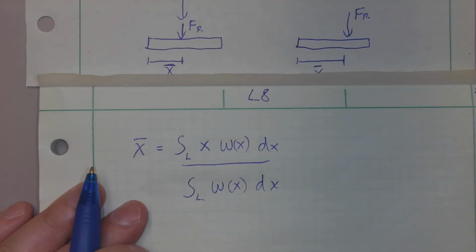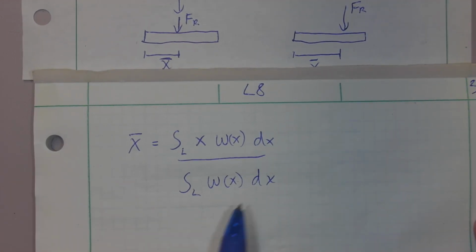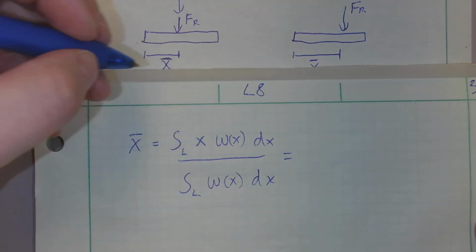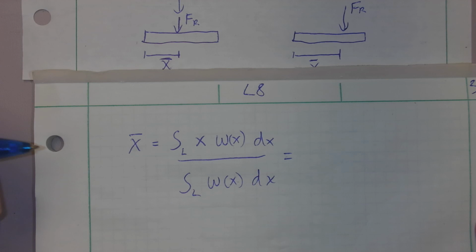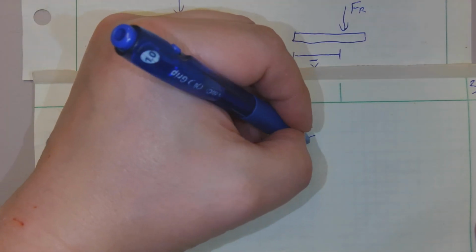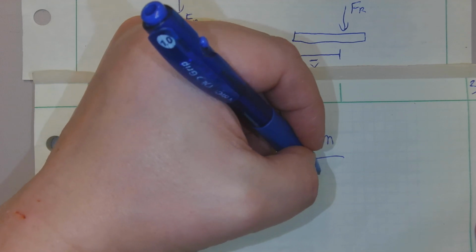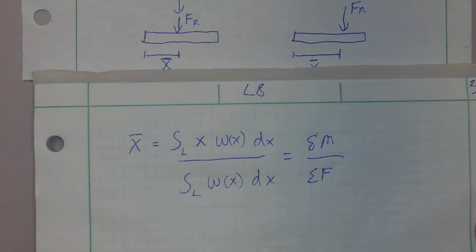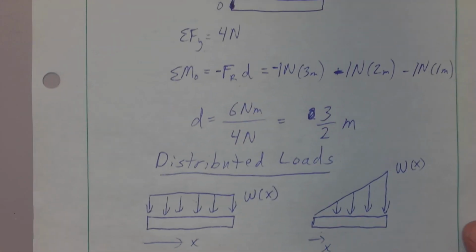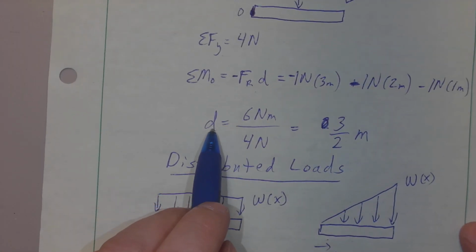So what does that mean? Steve, it's calculus. What does this mean? Well, let's get this down to something. Essentially, if you look at it, this is basically the net moment divided by the net force, which is what we did up here. Where did I locate this guy?